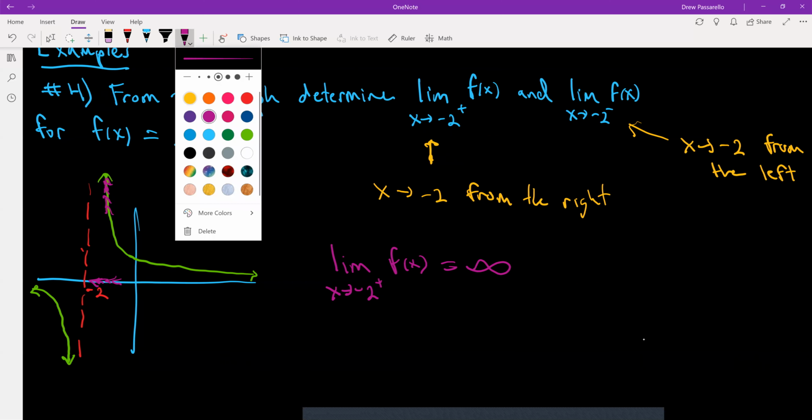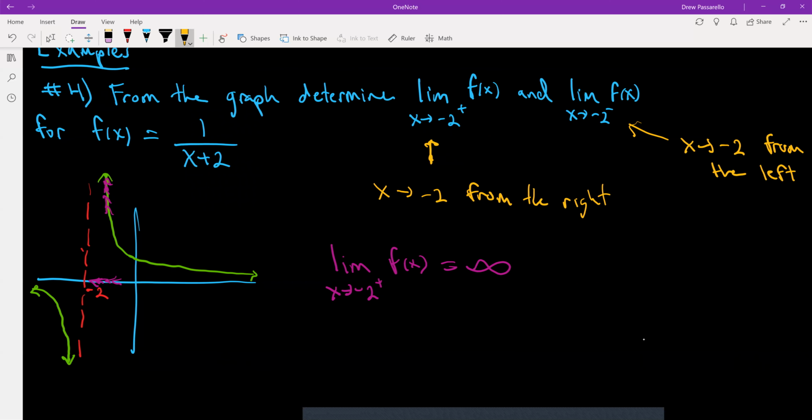Now approach -2 from the left. Getting closer and closer to -2 for the x values, the y values, so the graph itself, goes down forever to -infinity. All right, that's the one-sided limits for this problem.